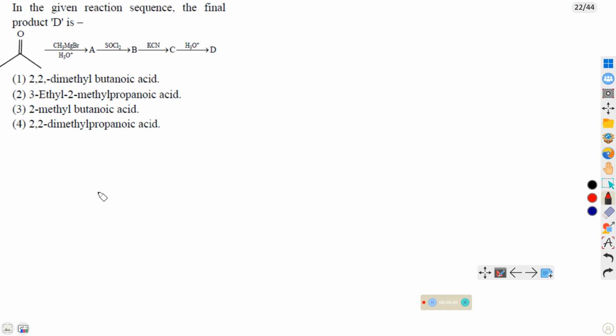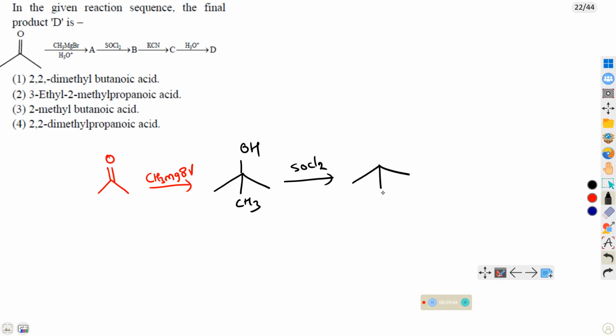Identify D in the following sequence. Okay, given a ketone. Ketones react with Grignard reagent. Further hydrolysis then gives 3-degree alcohols, a tertiary alcohol with CH3 and OH. Alcohols react with SOCl2. Then it gives a haloalkane with Cl.